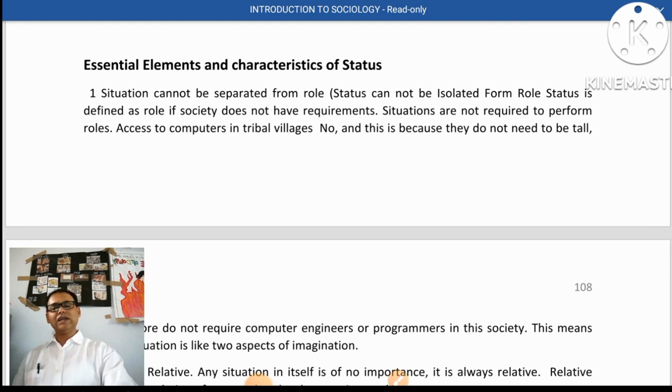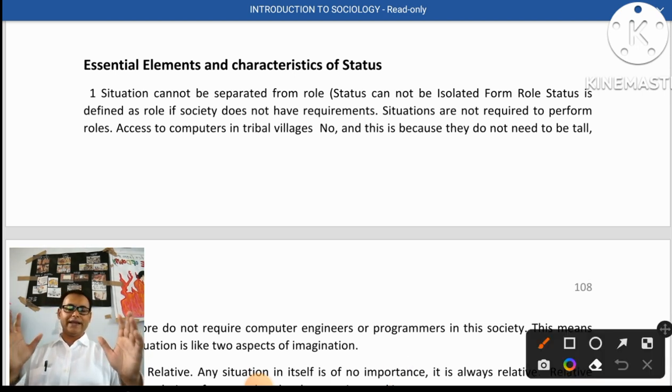A situation here is actually a status. A status cannot be separated from role. Status and role are interrelated, and if society has no requirement, statuses are not required to perform roles.